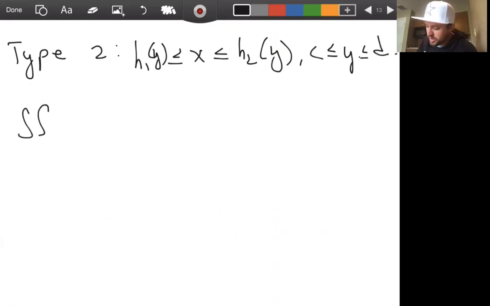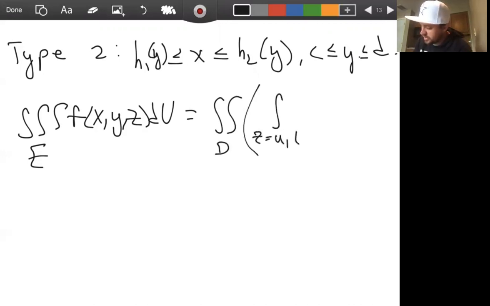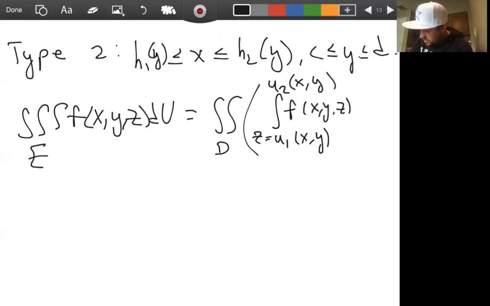Well, then the triple integral over the region E of f of x, y, z dV, this was the double integral over the region D of the integral z goes from u1 of x, y to u2 of x, y of f of x, y, z dz dA.